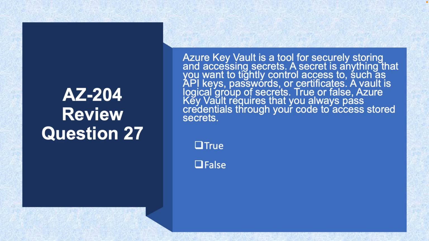Azure Key Vault requires that you always pass credentials through your code to access stored secrets. The statement is false. You can use a managed identity to authenticate to Key Vault or any service that supports Azure AD authentication without having any credentials in your code.